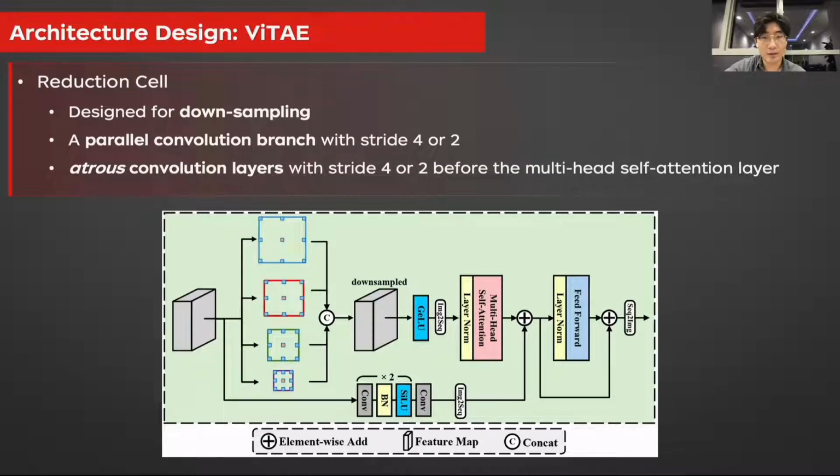In the reduction cell, a pyramid reduction module is adopted. The pyramid reduction module contains several dilated convolutions and is responsible for reducing the features' spatial size and capturing different scale features. The generated feature will then be processed by a multi-head self-attention module to model long-range dependency.